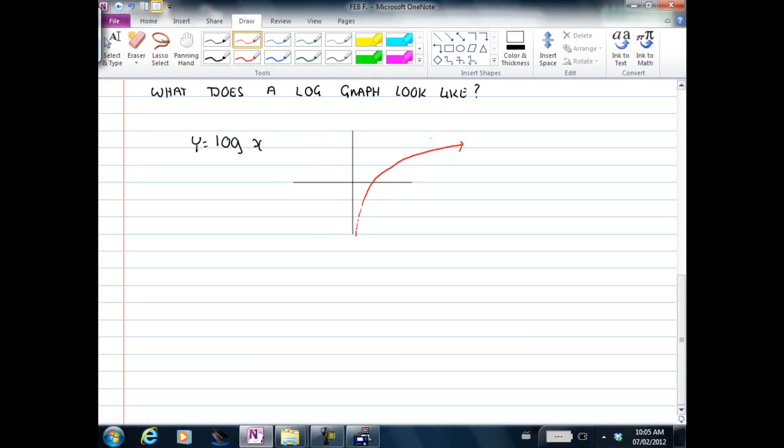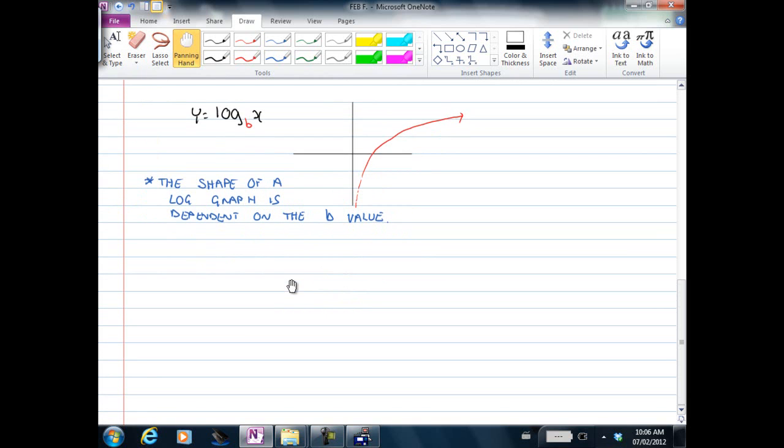Now, this log graph is dependent on one thing: the b value. I'm going to write a few things. Star. The shape of a log graph is dependent on the b value.